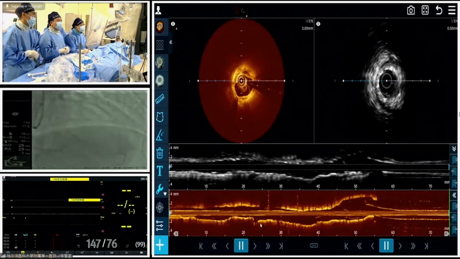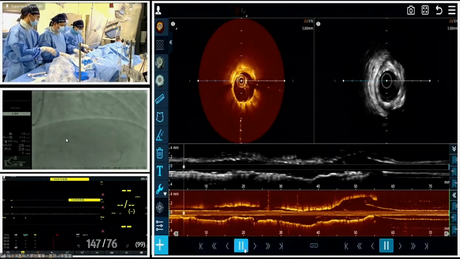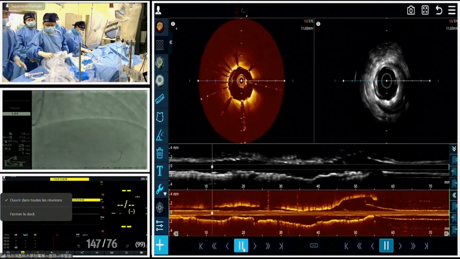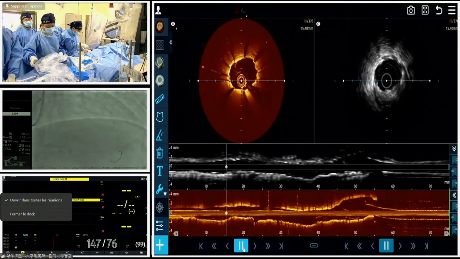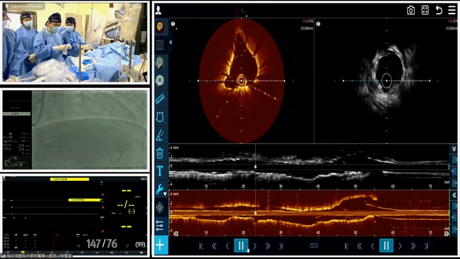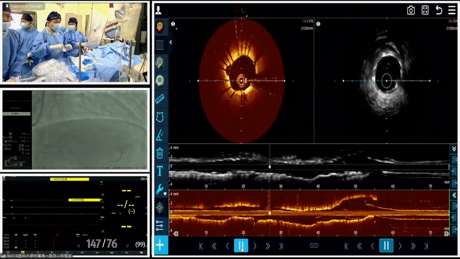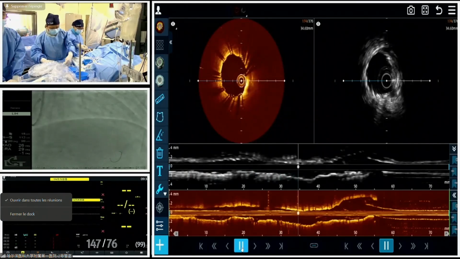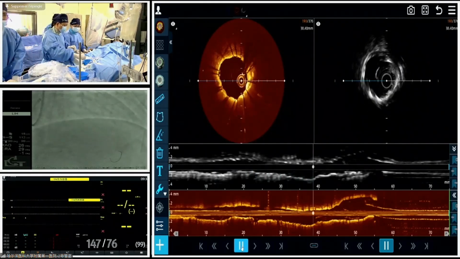So what do you think? Let's see from the automatic pullback view. There's very excellent apposition.